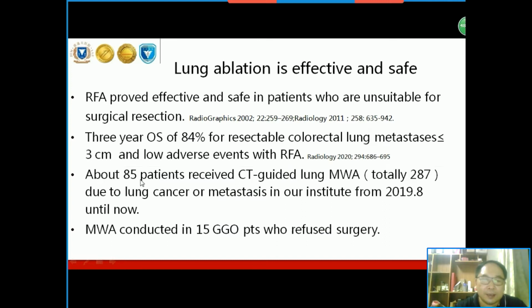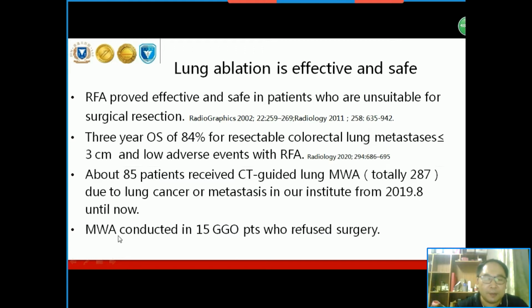In our institution, we have 85 patients who received CT-guided lung microwave ablation over 2 years, and in total we did nearly 300 microwave ablations. Some of my colleagues like radio frequency ablation, but I prefer microwave ablation.